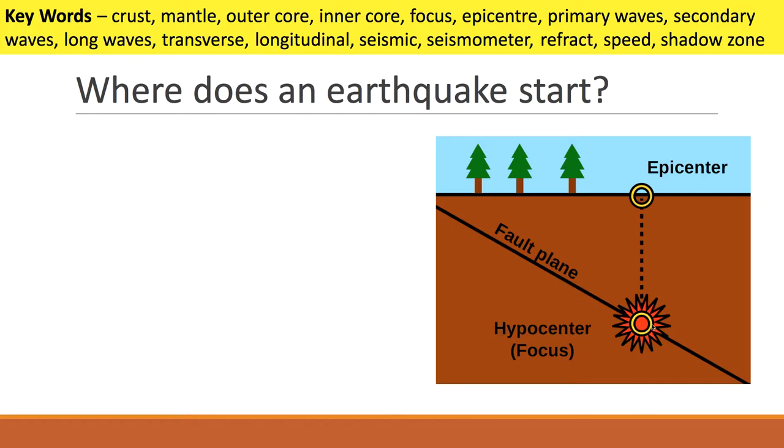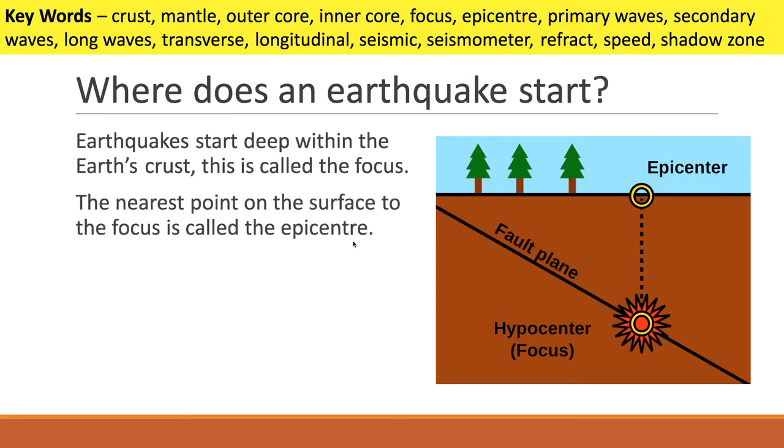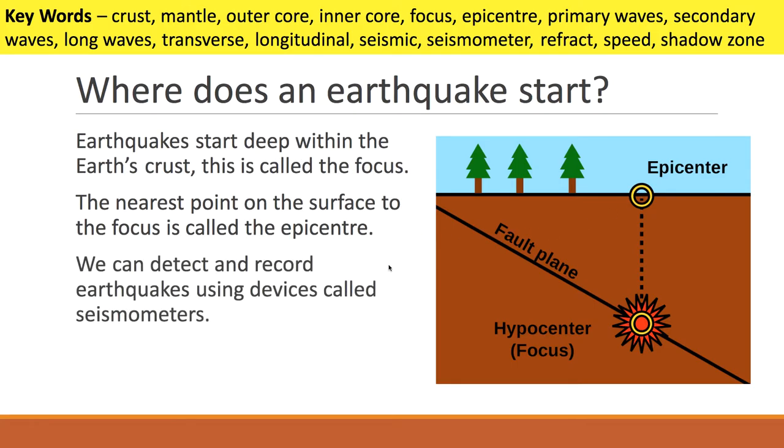So you have where the earthquake occurs, that is your focus of the earthquake, and directly above that, on the surface of the Earth, you have the epicenter. And we use seismometers as the devices to detect earthquakes. Later on in the course, we'll look at electromagnetic induction, and seismometers work using electromagnetic induction.